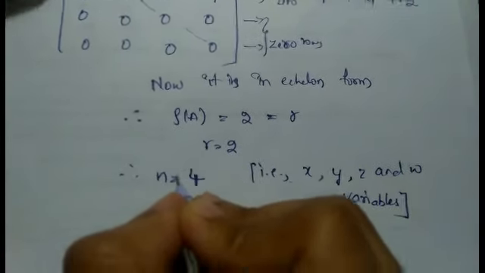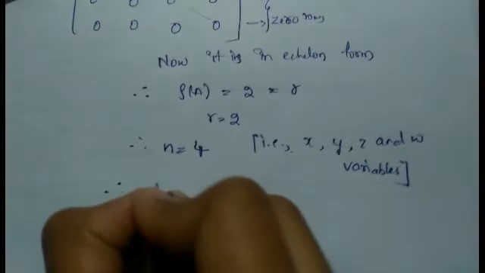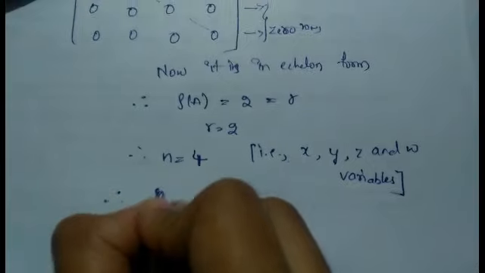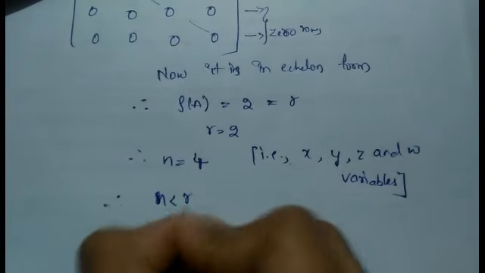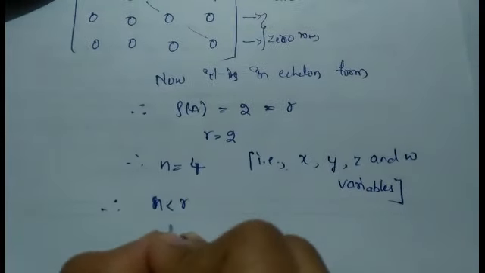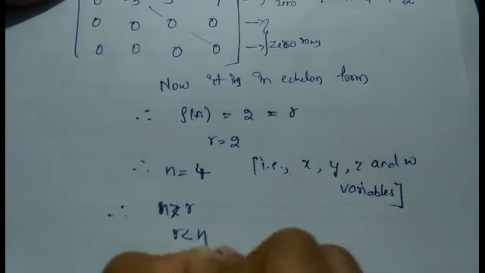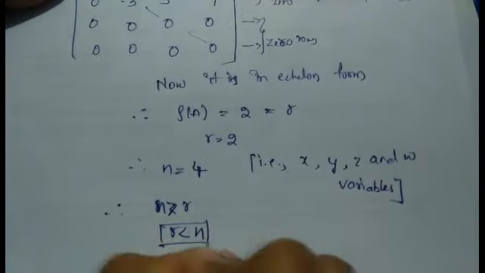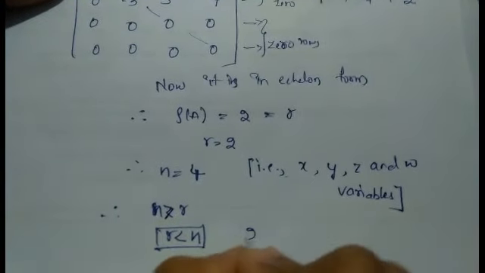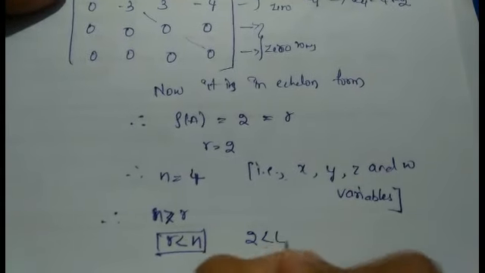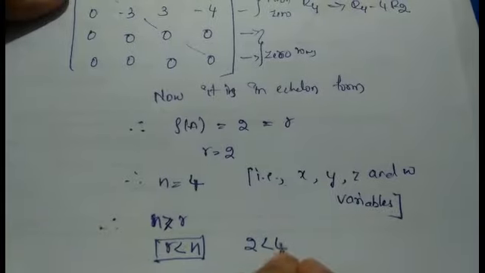If we observe the condition, n is greater than r, that is r is less than n. It follows this condition, r less than n, whereas r equals 2 and n equals 4. We got r less than n, that is 2 less than 4.